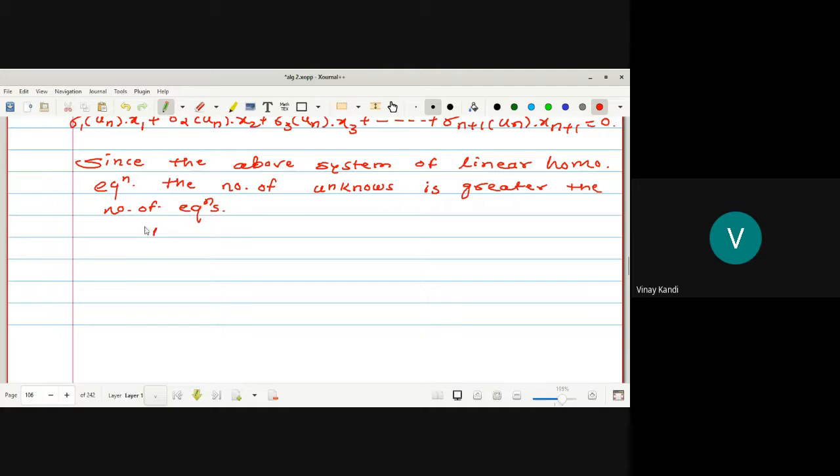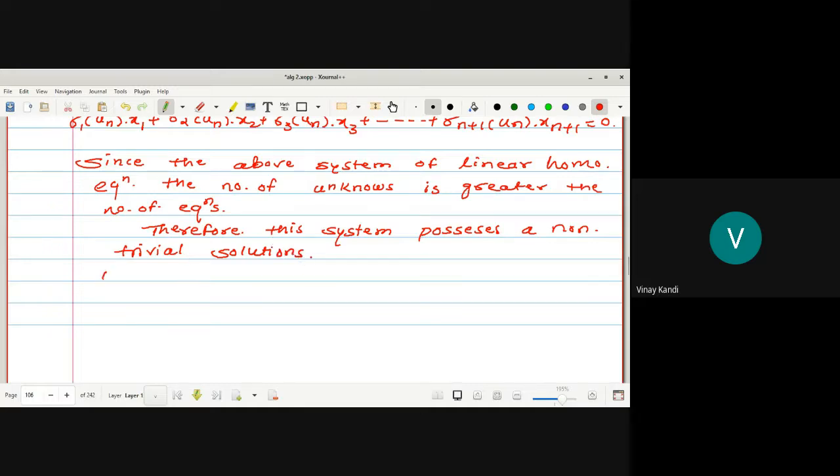Therefore, this system possesses a non-trivial solution.